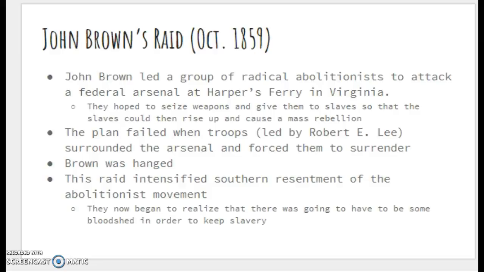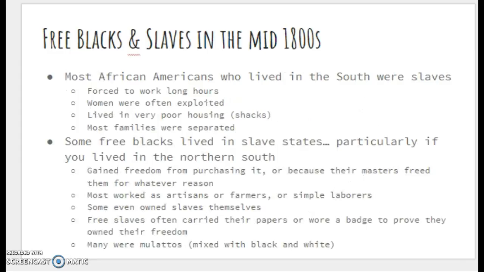So the South grew much stronger in their opposition to the abolitionist movement, right? They now began to realize that there was going to have to be some bloodshed in order to keep slavery around, right? They knew it was going to have to come down to some bloodshed if they wanted to keep slavery.